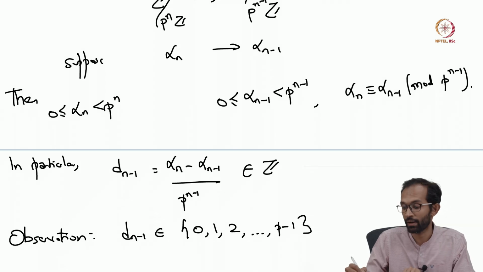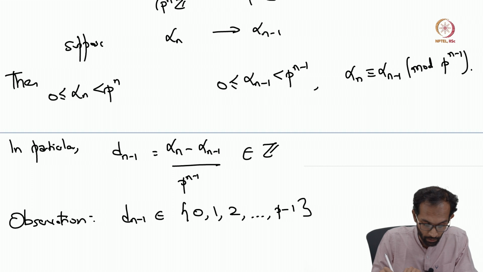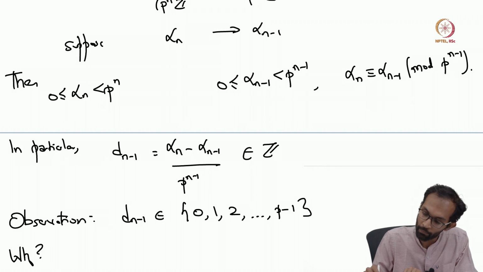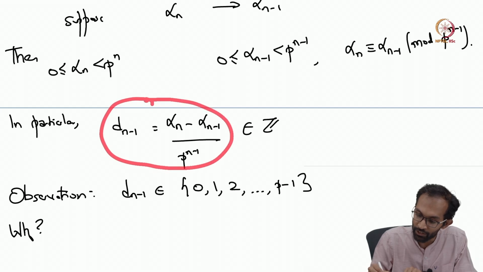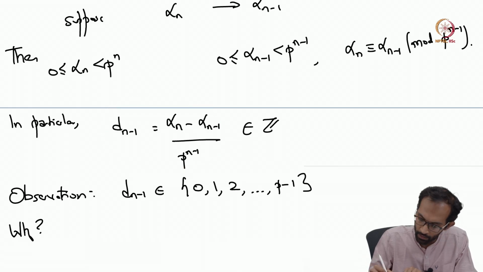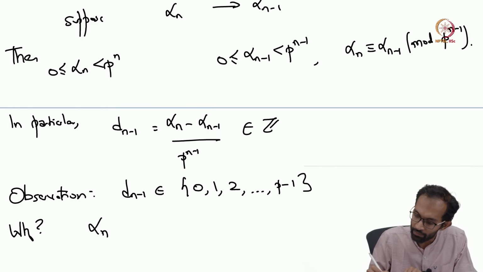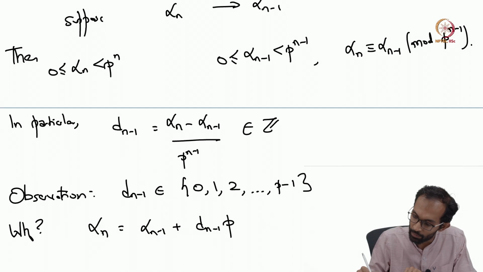So it should belong to this finite set 0, 1, 2 all the way up to p-1. And why is that? If you just rewrite this expression, d_(n-1) is (alpha_n - alpha_(n-1)) over p^(n-1). It just means that alpha_n is alpha_(n-1) plus d_(n-1) times p raised to n-1.